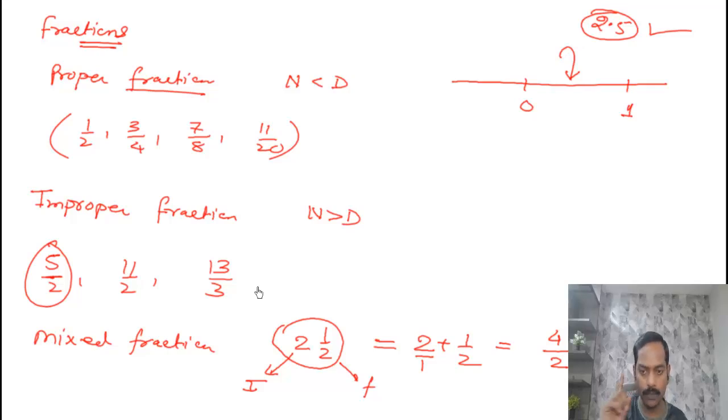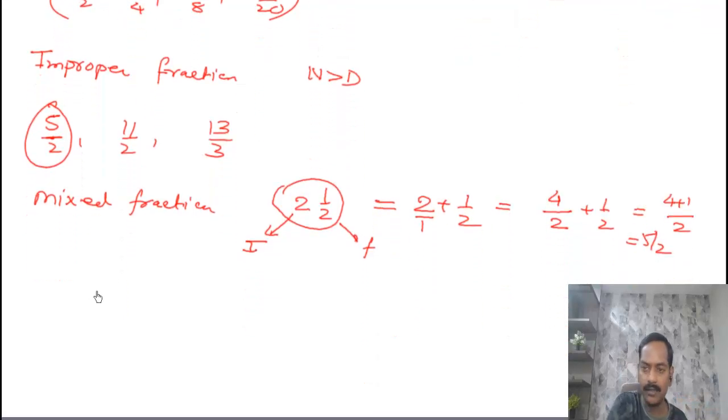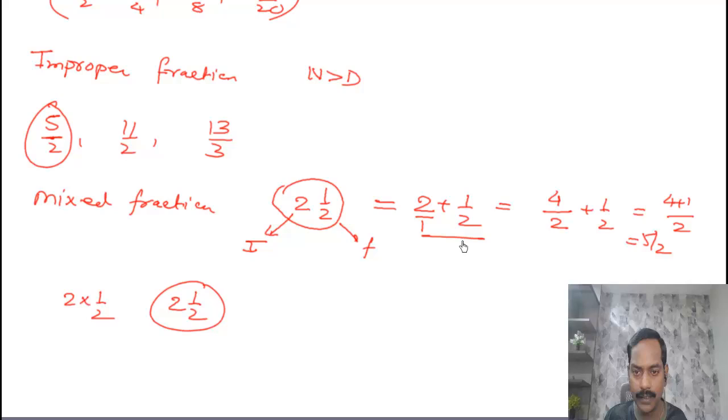Correct? So this should be clear that anything which is written in this particular format has a hidden plus sign between it, right? Now you must have come across in mathematics some simplification to be done, which is written as 2 into 1 by 2. You should not be confused between this and this. If this is written, it is in this particular format.